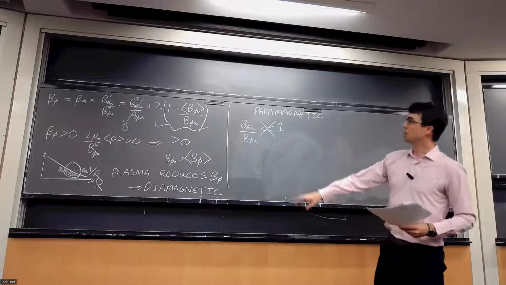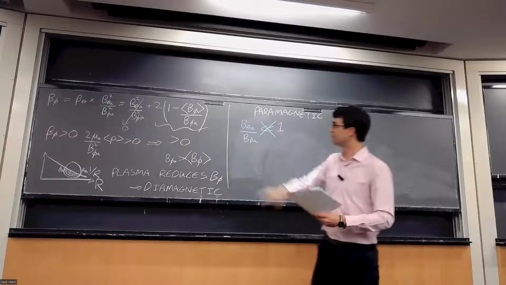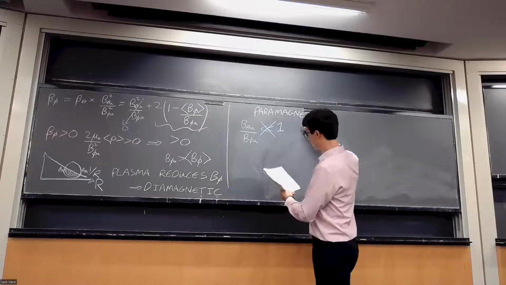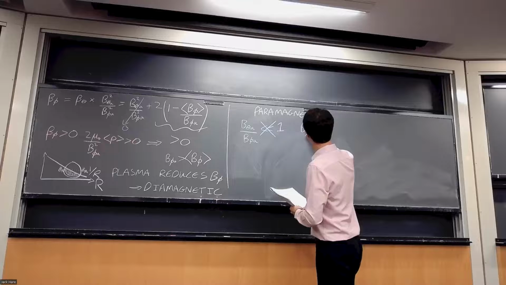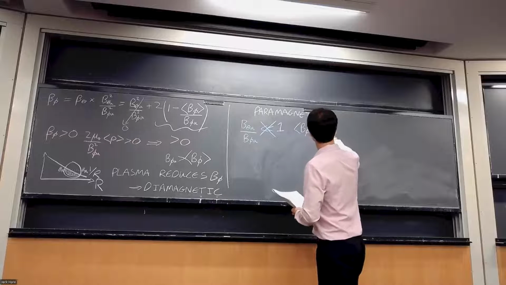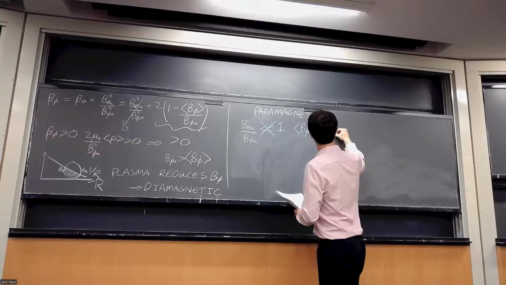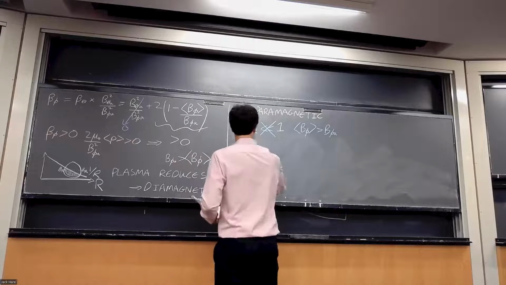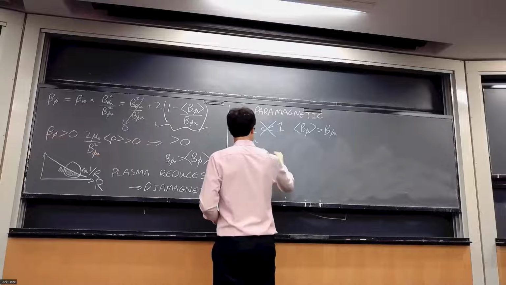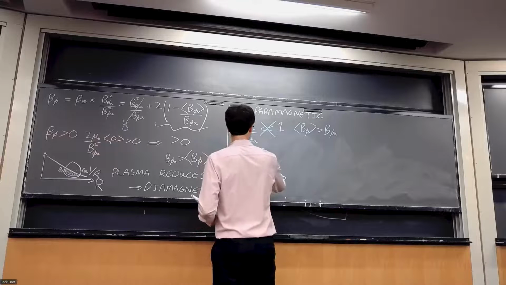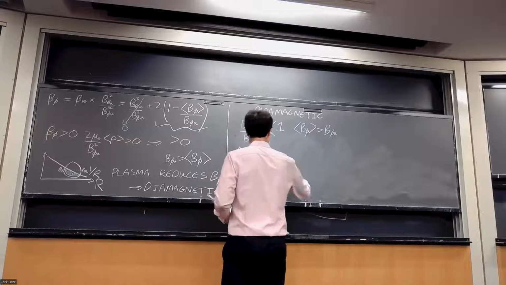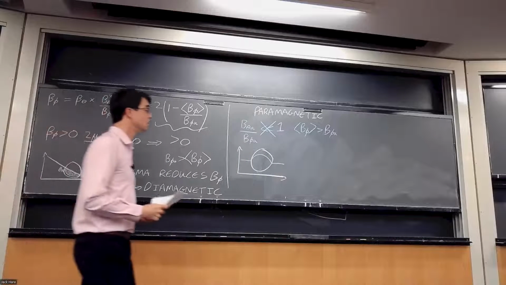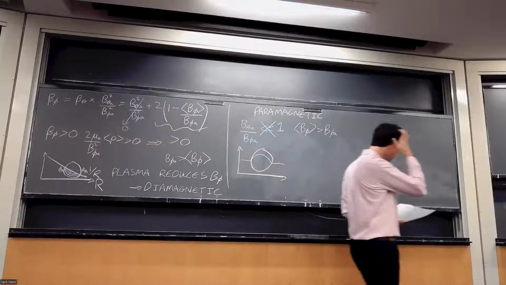If you work through this equation and stare at it for a little bit, it's actually pretty obvious that you can end up with a situation in which the average B phi is greater than B phi a. So that would be a situation which looks like that. Anyone got any idea what's going on here, why that could happen?